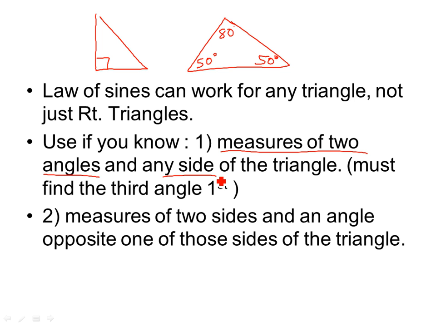If you know measures of 2 sides and an angle opposite one of those sides, then you can use law of sines. Law of sines is quite a bit easier than law of cosines when we get to it. So if you get a chance to use law of sines instead of law of cosines, it makes it easier on you.